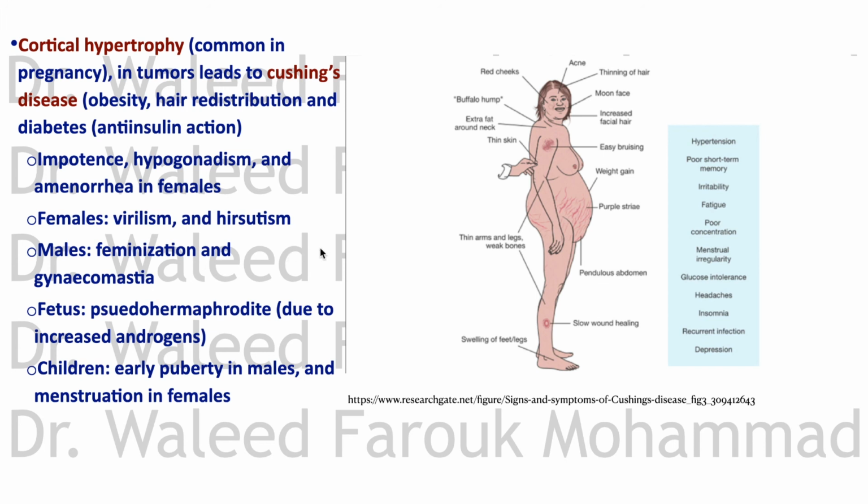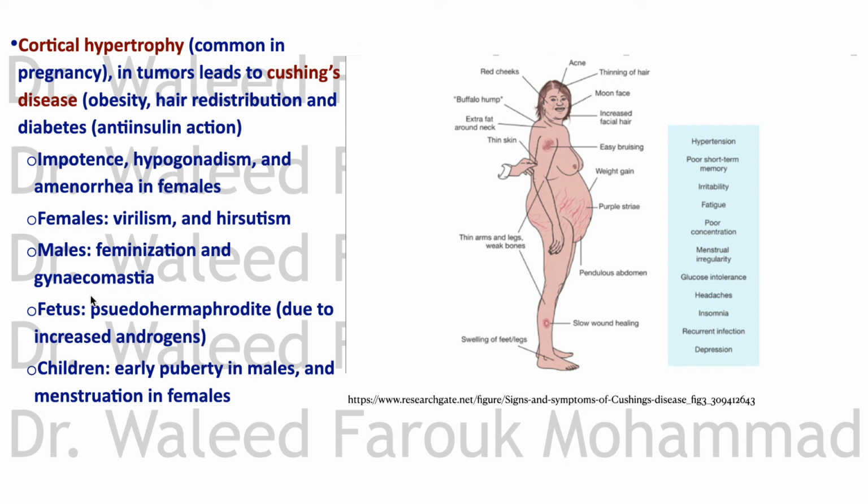The pubic hair extends to the umbilicus in males, but in females it has an upper horizontal border, and this is what happens to males affected with a cortical hypertrophy, in addition to feminization and gynecomastia. Gynecomastia means enlargement of the breasts in males.